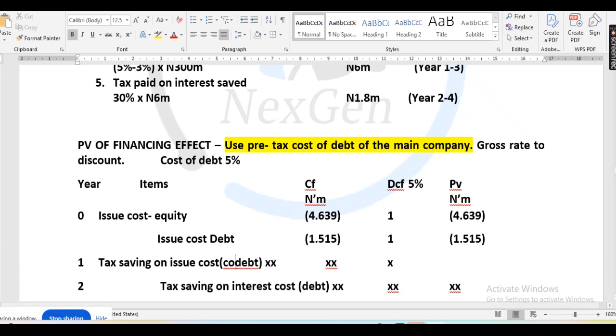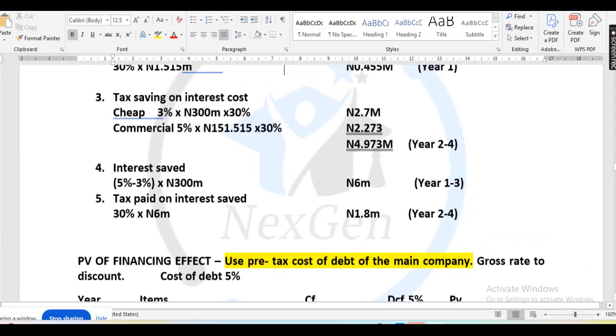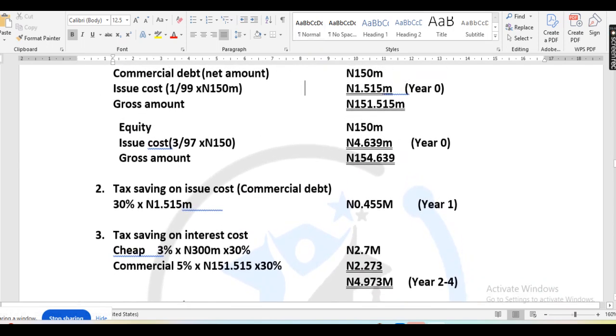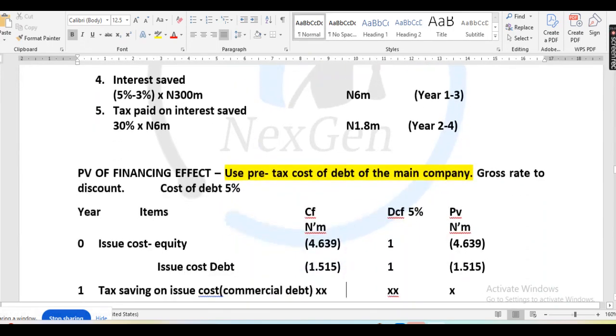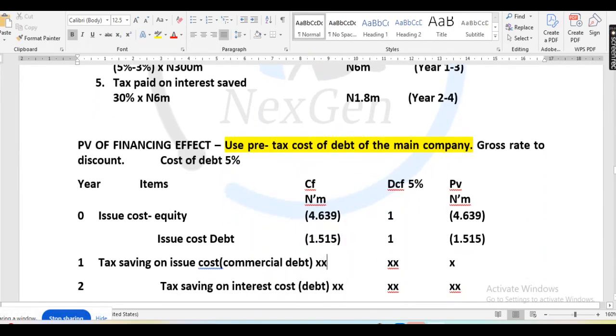Can you see it? So this is the tax savings on commercial debt, 0.455. It is an inflow. So what is the DCF for year 1?